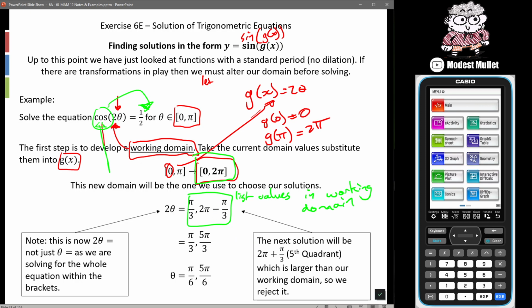And by listing values that are inside the working domain, once we bring this 2 over this side, that will actually convert them back to inside our original. So that's our original, this is our working domain.